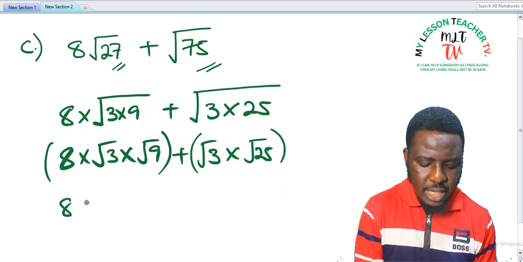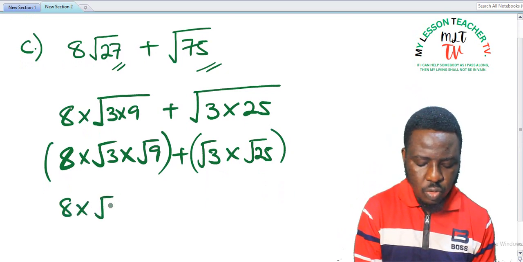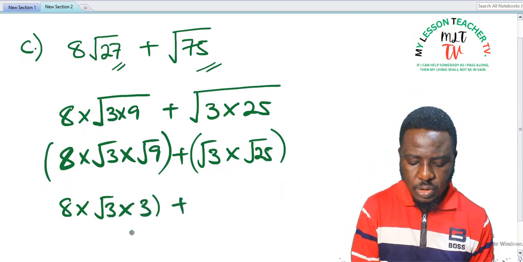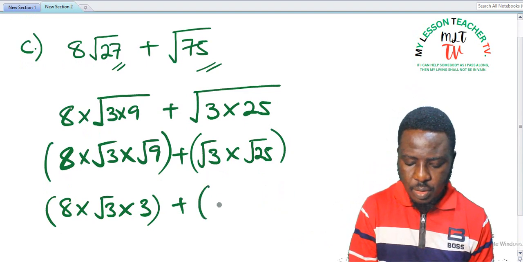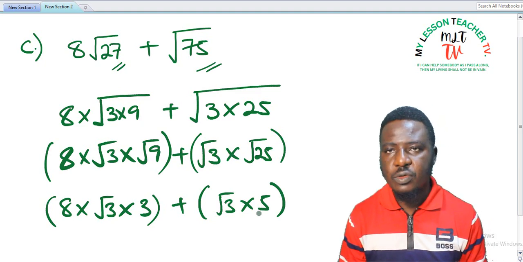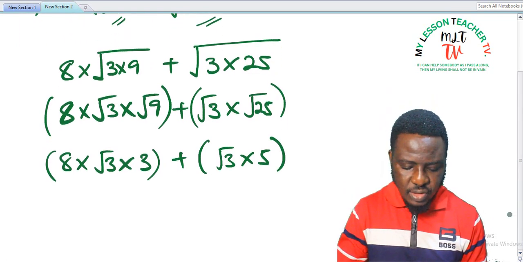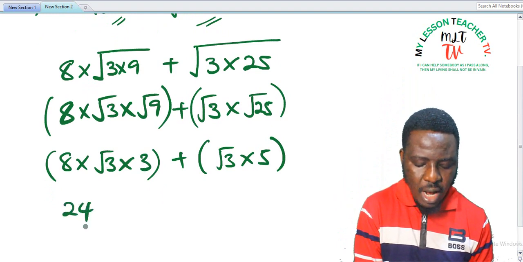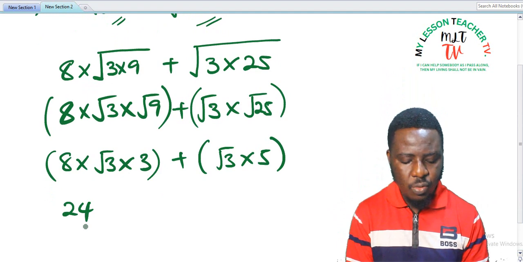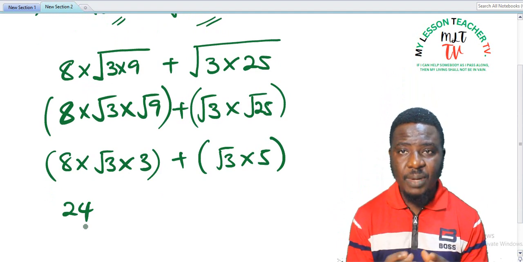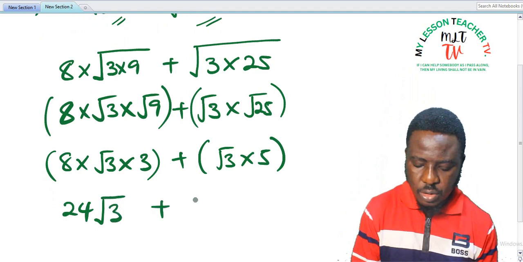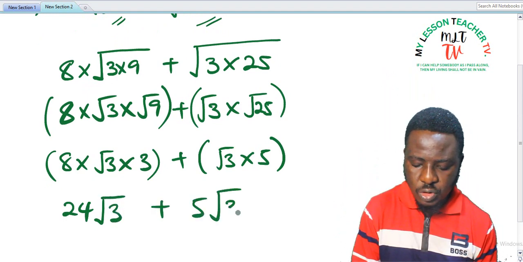This can be said to be 8 times root 3 times root 9 is 3, plus root 3 times 5. That's the root of 25. So you can simplify this, multiply. This now becomes 24. I'm multiplying the rational parts together, which are 3 and 8. So when you multiply 3 times 8 together, it gives you 24 root 3 plus 5 root 3.